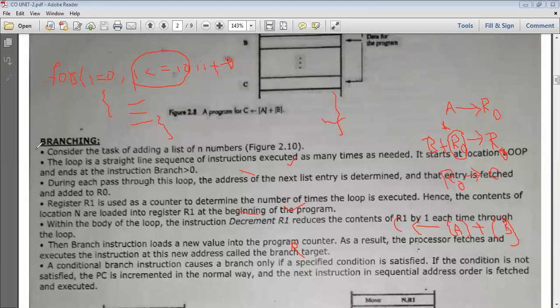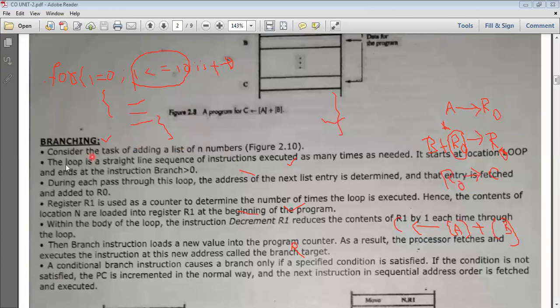Like that, here also we are using branching. So what is meant by branching here? See here, consider the task of adding a list of n numbers. So here some n numbers are there, and we want to add those n numbers.